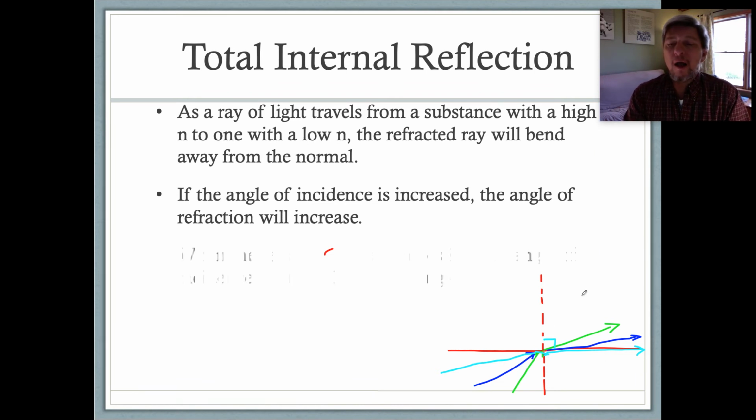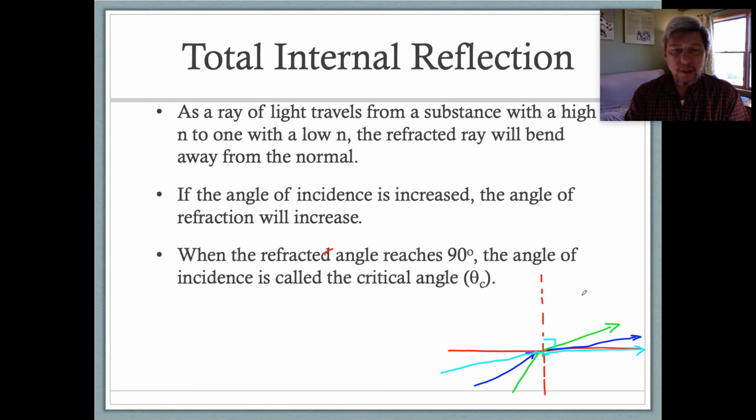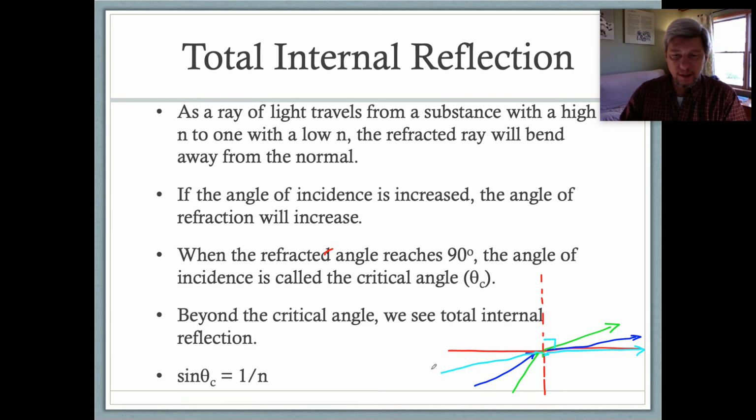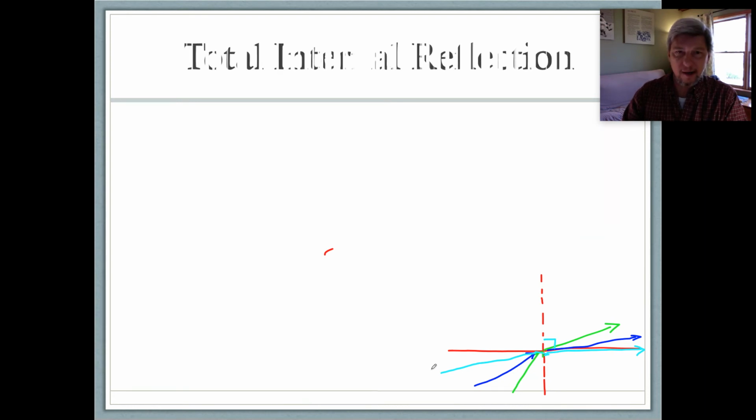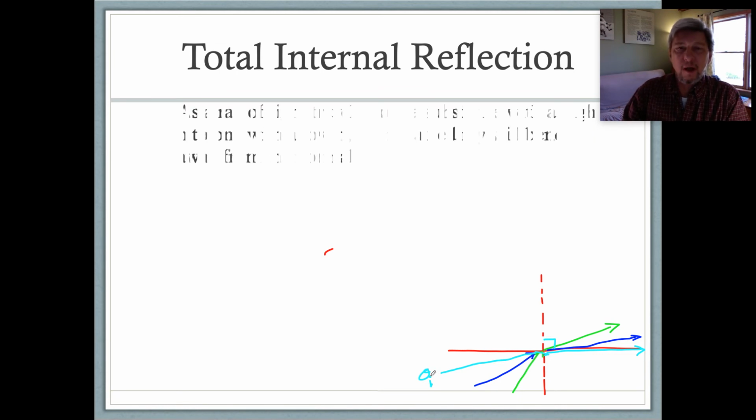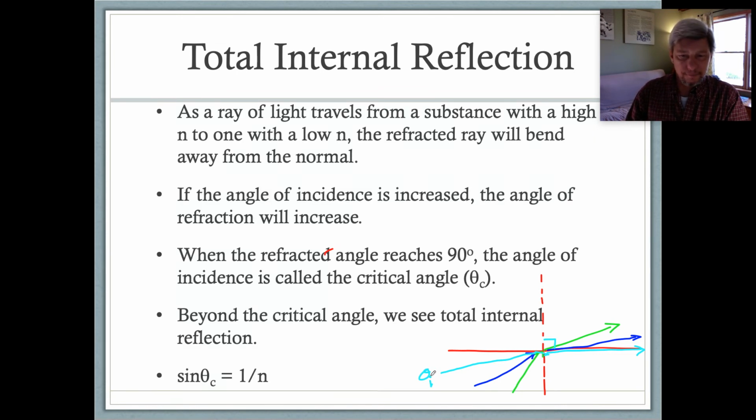Now, eventually, you're going to reach a point where the refracted angle is 90 degrees. And at that point, the angle of incidence here is going to be referred to as the critical angle.